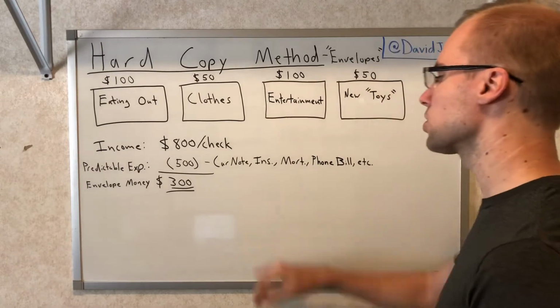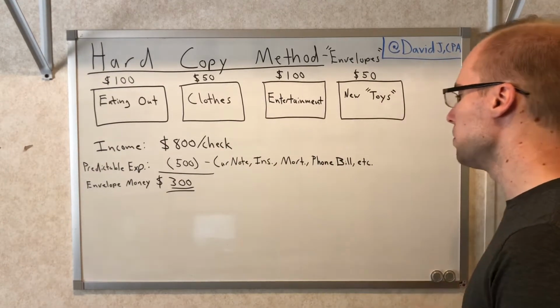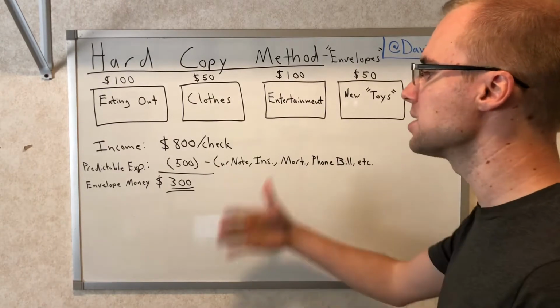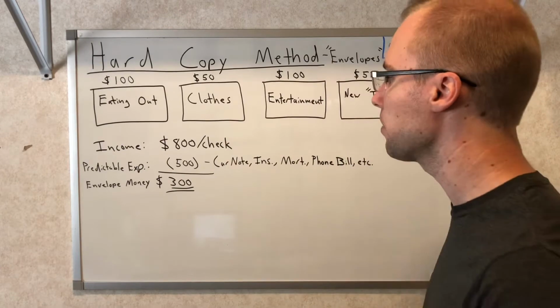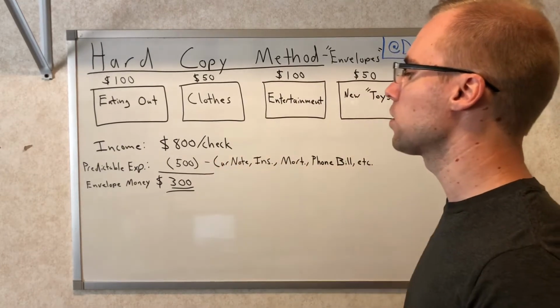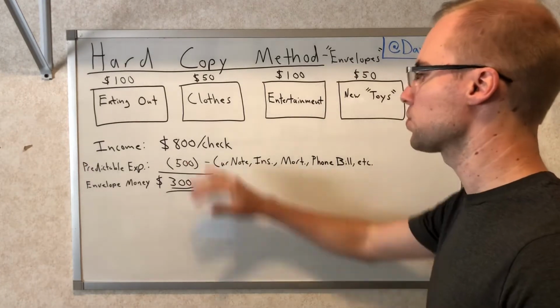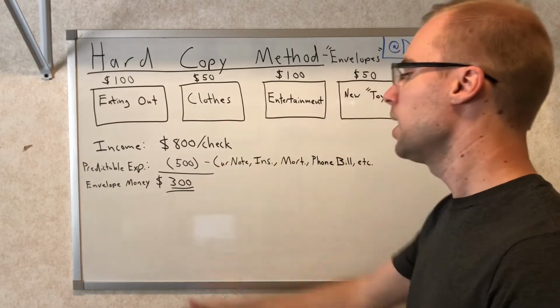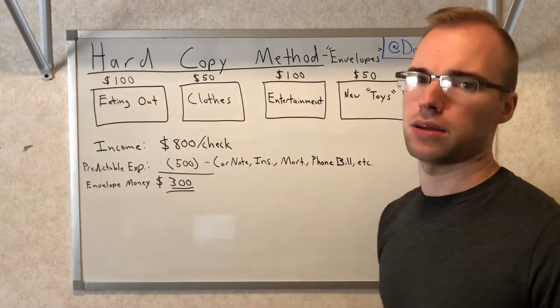We're going to add them up. So if our car note, car insurance, mortgage payment, phone bill, and everything like that adds up to $500, it's probably going to be more than that, but this is just an example. Adds up to $500. We know those dollar amounts. We know what they're going to be every month, so we're going to take that out of our income, okay? That leaves us $300 for our envelope money, okay?